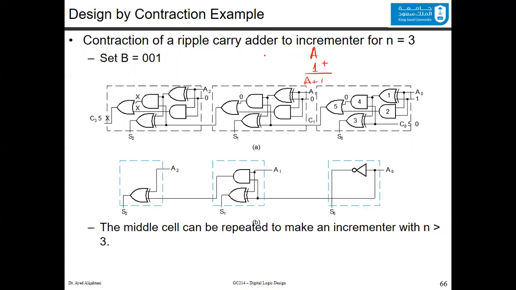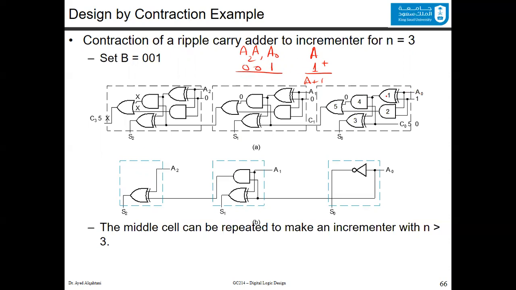So if you have A as A0, A1, A2, this is the 3-bit input A, and this incrementation by 1 is actually of the form 1, 0, 0. And then you will get the result in S0, S1, and S2. You keep the A as is.